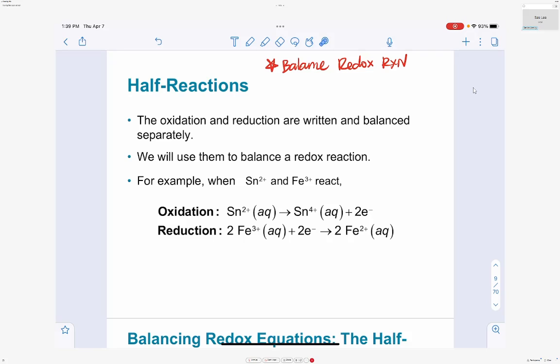So the rule of thumb here is that the number of electrons lost in the oxidation half reaction must equal the number of electrons gained in the reduction half reaction. I'm going to write that down.